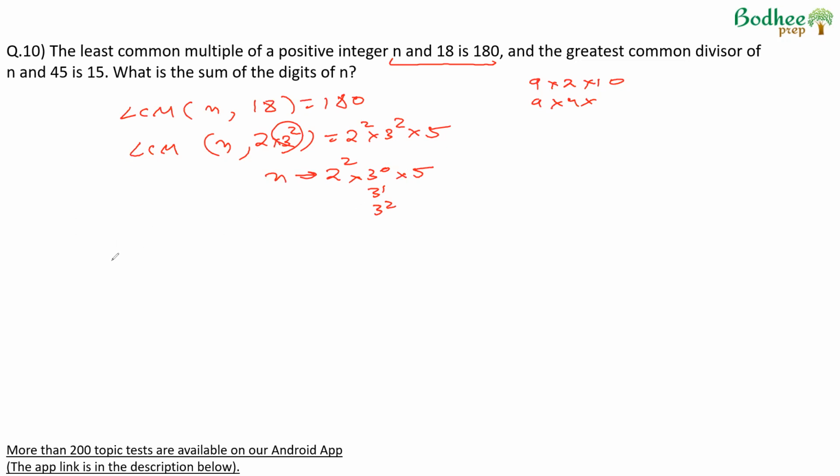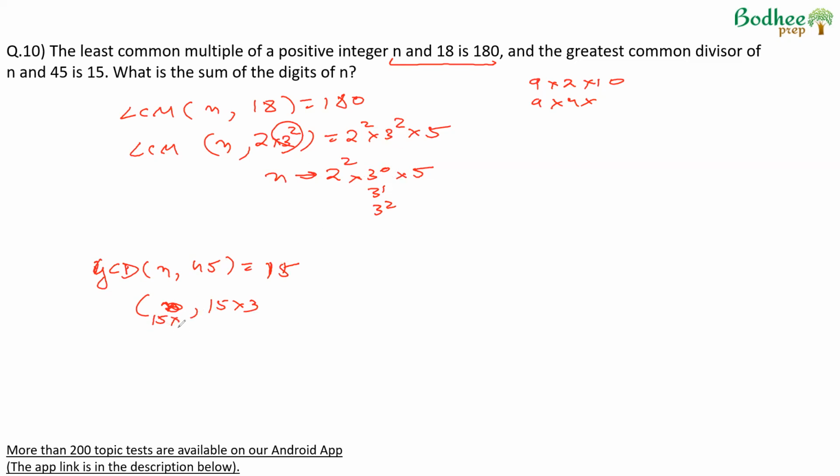Next, the greatest common divisor of n and 45 is 15. GCD or HCF of n and 45 is 15. 45 is 15 into 3. n has to be a multiple of 15 and something which does not include extra 3s and 5s.